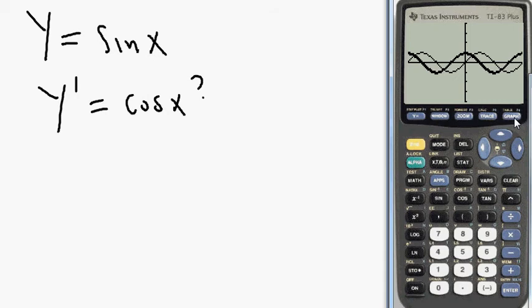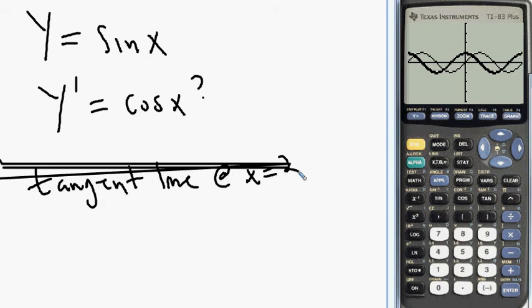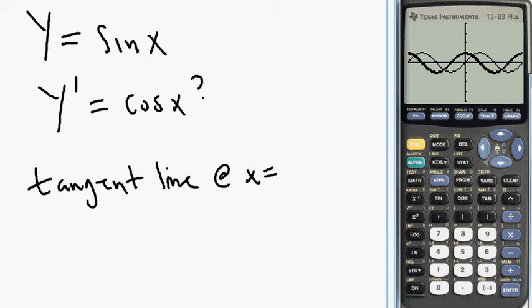So another way to confirm that this is actually the derivative is to draw a tangent line to the sine function. So in order to do that, let's draw a tangent line at x equals 2.